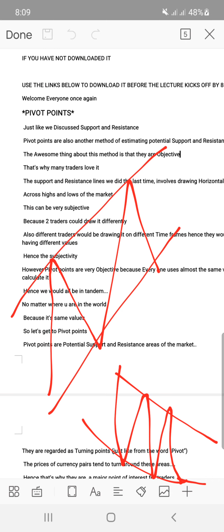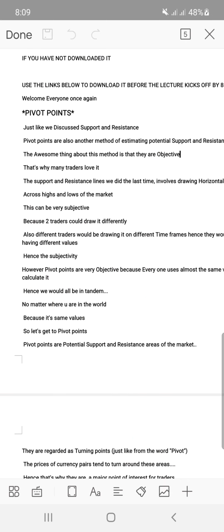Now, the problem with drawing these points by yourself is the fact that different people can draw different support and resistance. It differs by person. Let's say these are points, this and that point.